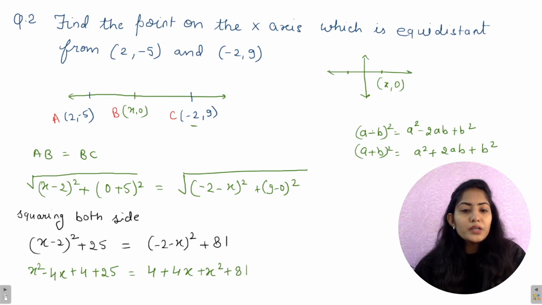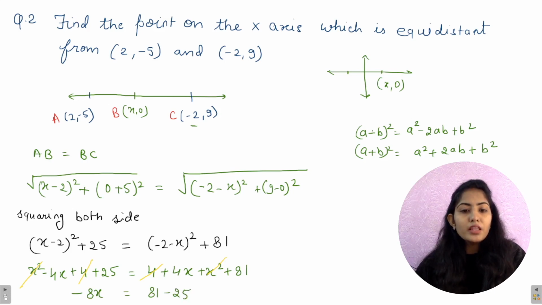So when we observe it, x square will be cancelled out from this x square, right? Okay, and this 4 will be cancelled out from this 4, right? Okay, so let's put the numbers aside, and that will be minus 8x is equal to 81 minus 25. Guys, what is the value of 81 minus 25?